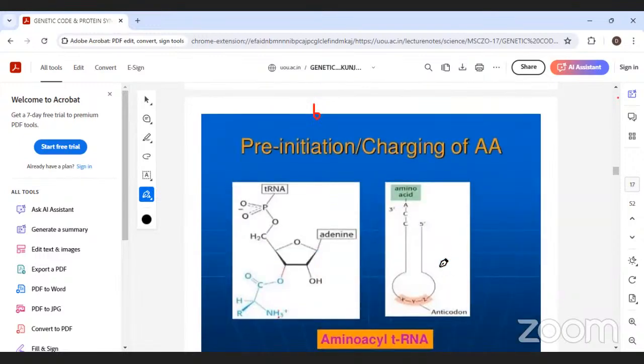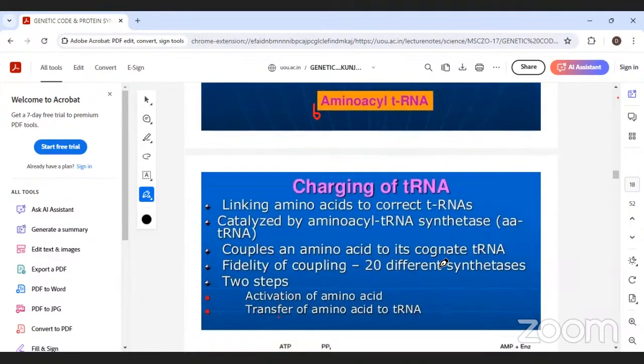Charging is linking an amino acid to the correct tRNA, catalyzed by aminoacyl tRNA synthetase, giving aa-tRNA. In total there are 20 different synthetases. Two steps are involved. One is the activation of the amino acid, and the second one is the transfer of the amino acid to tRNA. These are the charging of tRNAs.